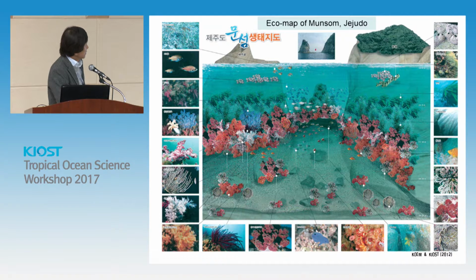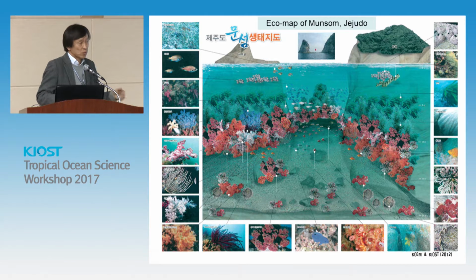I totally made the eco map of this area in Jeju like this. This is the 2011 total map. This is for non-specialists, for students or members of the government who want to conserve this area.